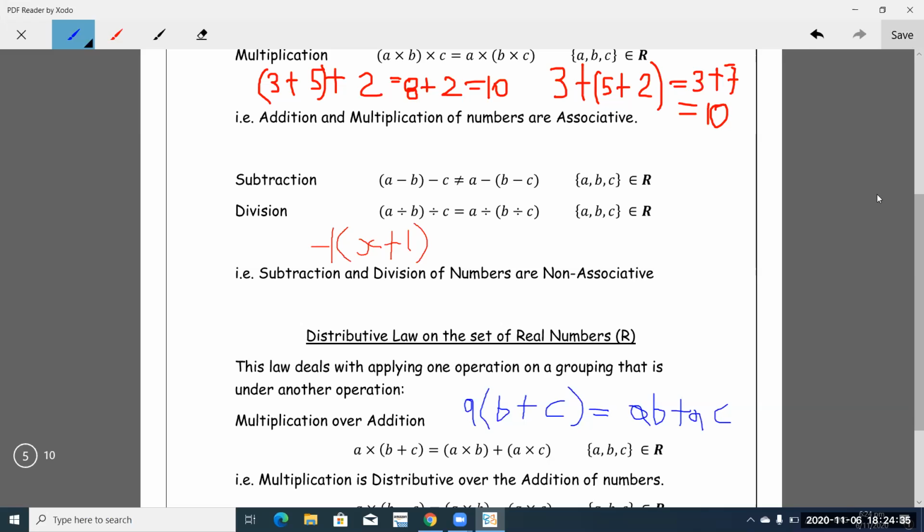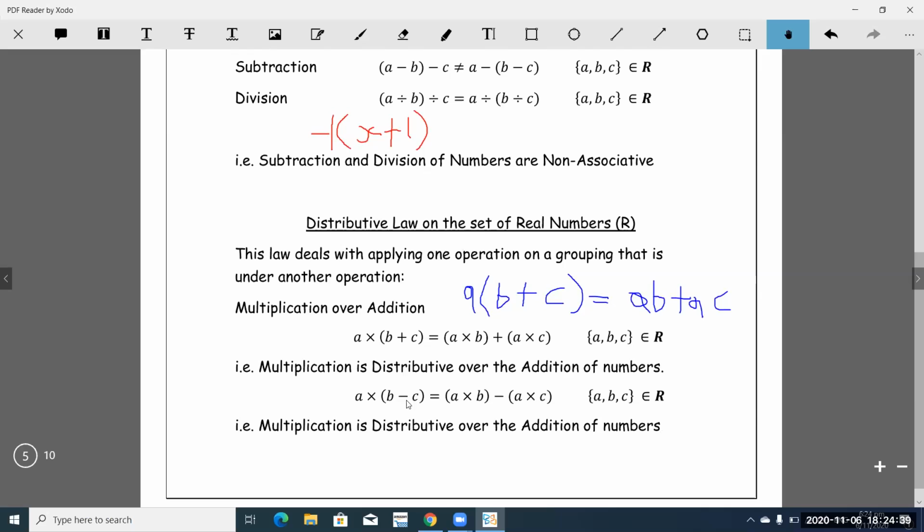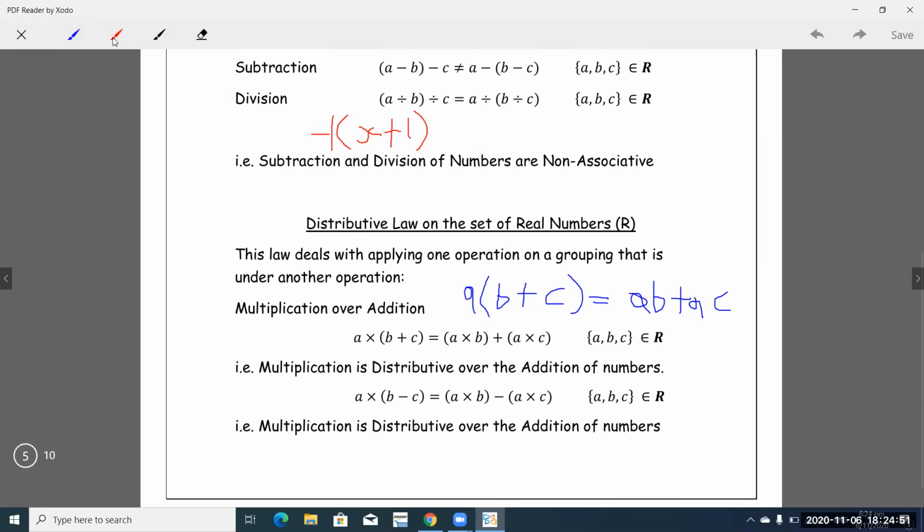It also works if subtraction was inside this bracket; it would just be A times B minus A times C. So a practical example of the distributive law is maybe we have 5 in bracket 3 plus 4.